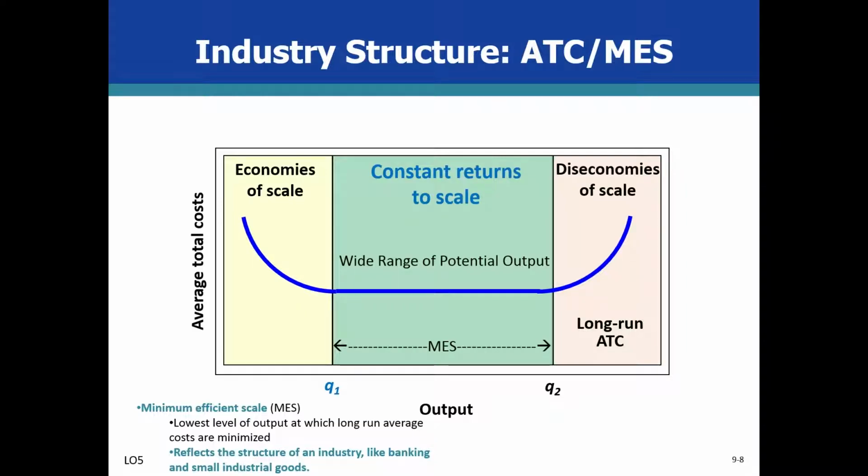This type of structure exists where there is a high level of investment, capital structure, and extensive research and development required to meet customer requirements. Small firms can't realize the lowest possible cost and will be unable to compete. The automobile, steel, and other heavy industries reflect this type of output and cost structure.